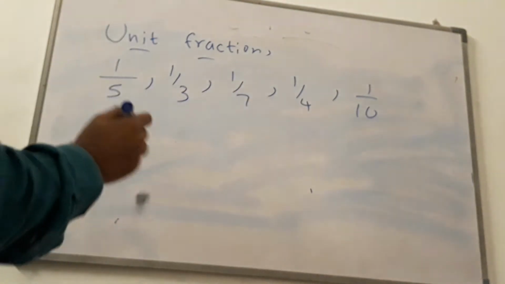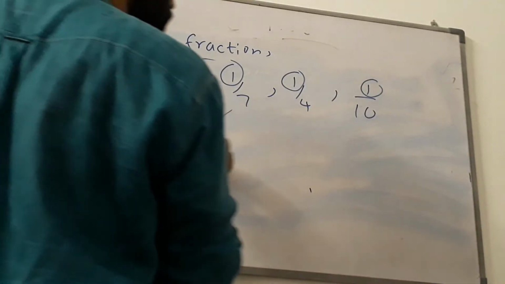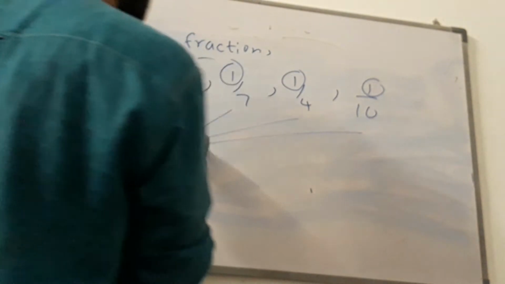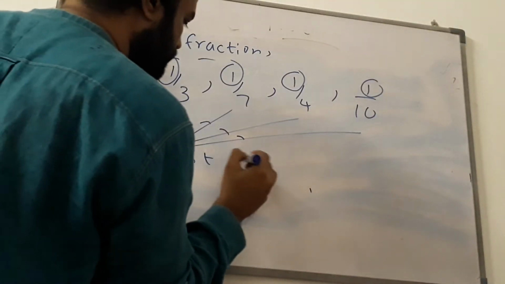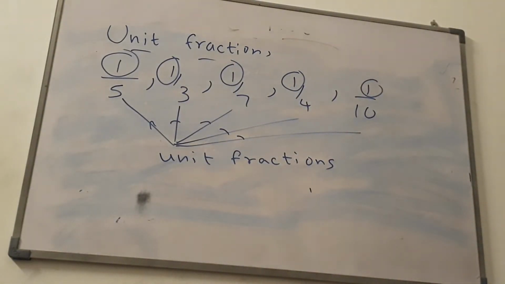In all these fractions, the numerator is 1. So we call them unit fractions, where all these fractions have 1 as the numerator.